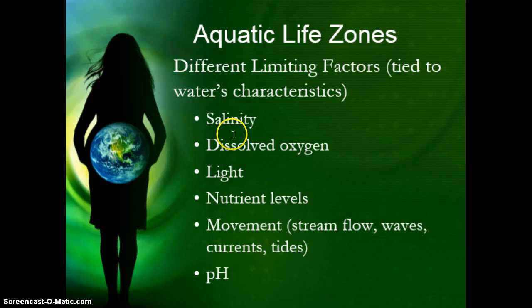You should also write down these other limiting factors that can change aquatic life zones and impact the organisms that live there. These are the things that are going to determine which organisms you see in aquatic biomes instead of the temperature and precipitation determining them like they do in the terrestrial ones.